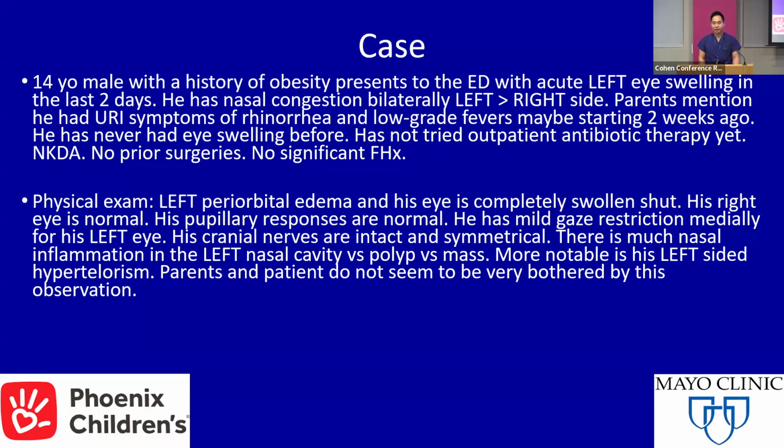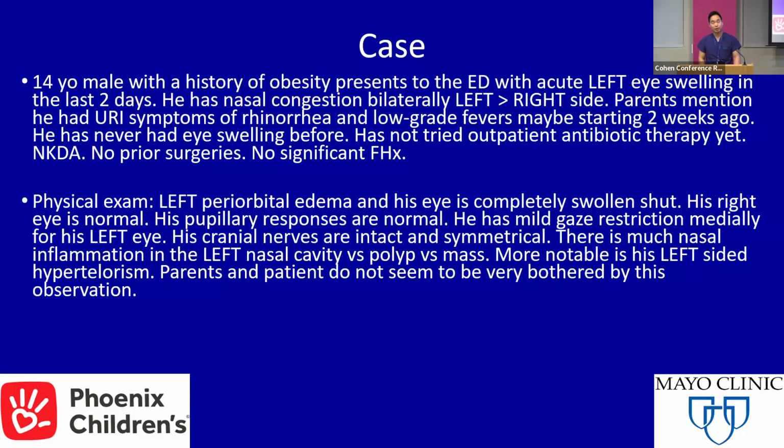He has mild gaze restriction medially, but all of his cranial nerves are intact. And he has a lot of nasal inflammation when we take a peek in his nose. And in his left nasal cavity, we weren't sure if it's a polyp or a mass or just a lot of inflammation. We didn't scope him at bedside yet, but we did later.